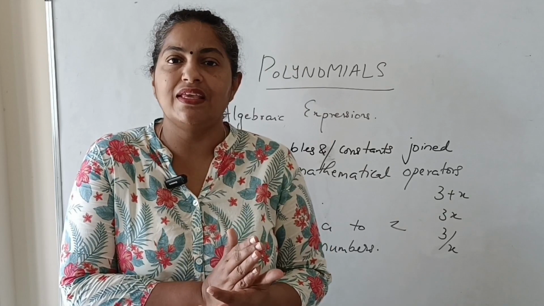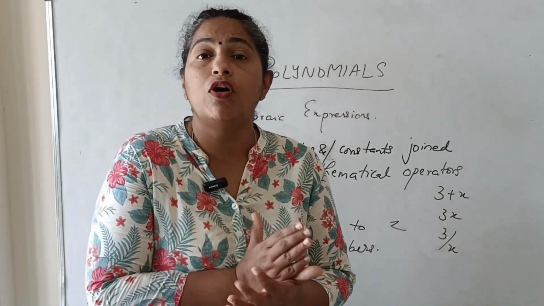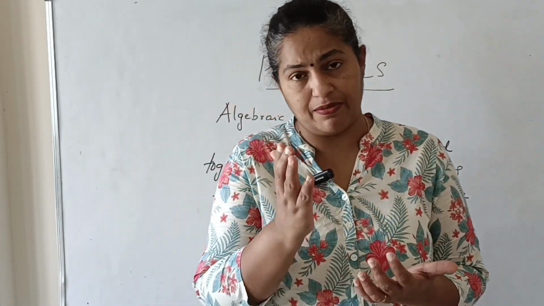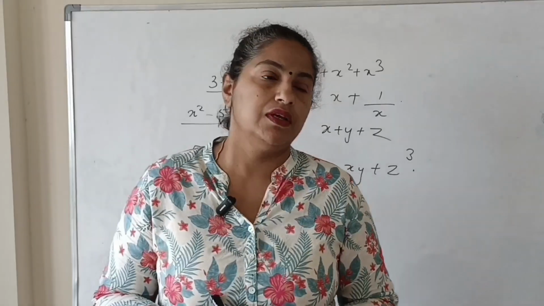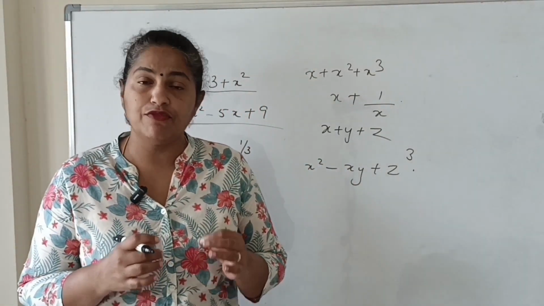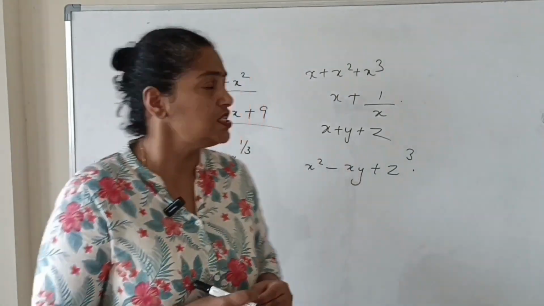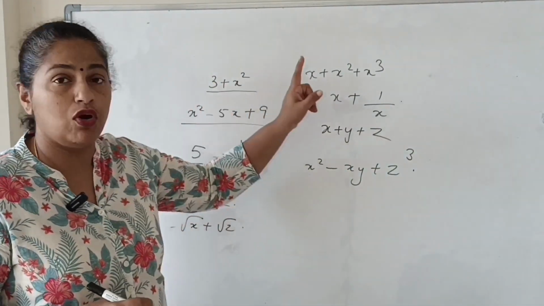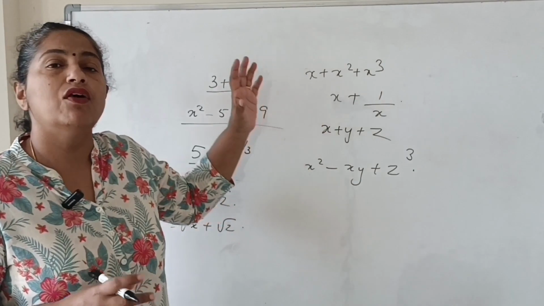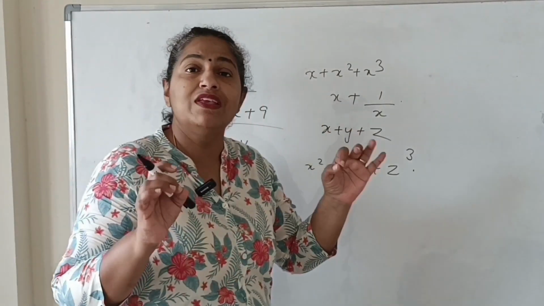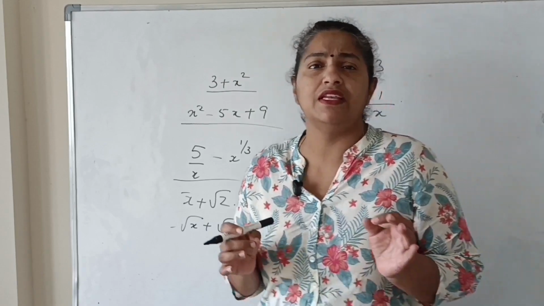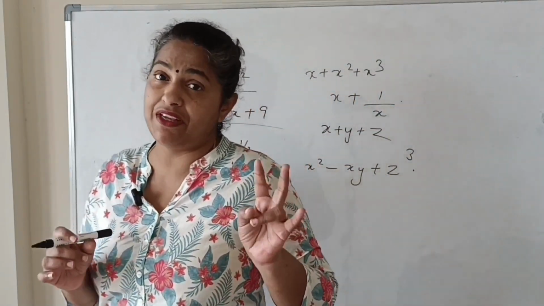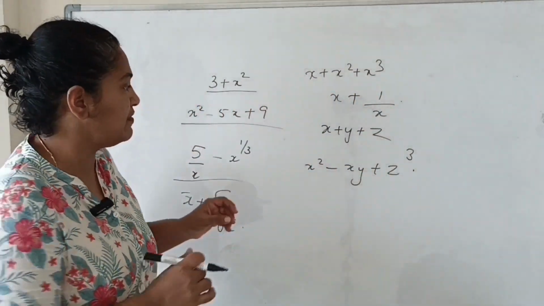Okay, now let us see what is the difference between a polynomial and an algebraic expression, though a polynomial is an algebraic expression. Now let us have a look at a few examples of algebraic expressions. You can see that I have written a few algebraic expressions over here. Some of them are represented using a single variable and a combination of constants, whereas in a few cases I have used multiple variables.